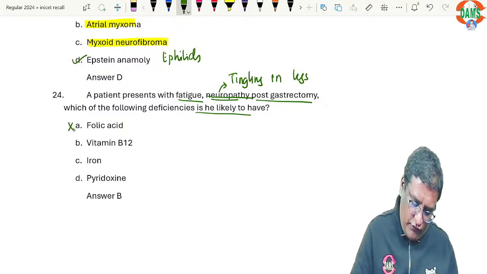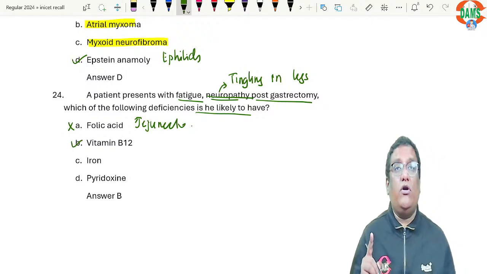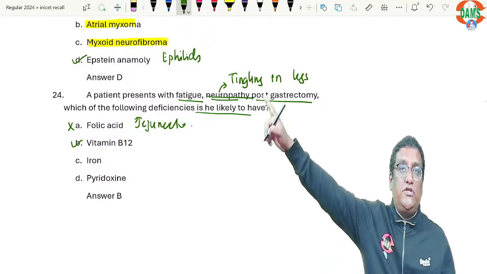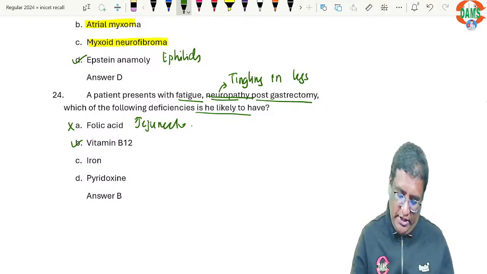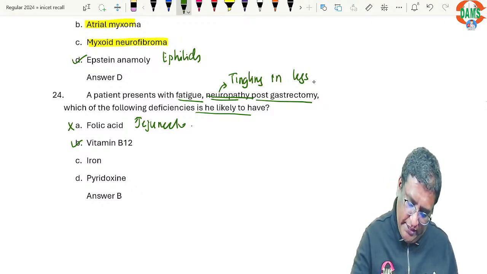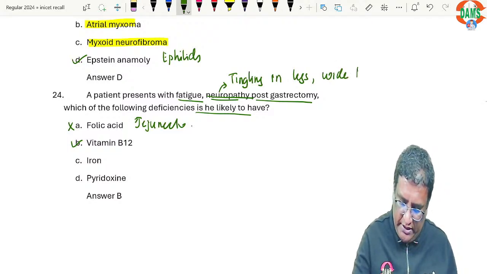Folic acid, no. Folic acid deficiency occurs after what? Jejunectomy. Vitamin B12 deficiency. Yes, that is a correct answer. Even iron deficiency can occur after gastrectomy, but because neuropathy is there, I will end up writing it as what? Vitamin B12 deficiency. Okay, they had given ataxia. Okay, tingling in the legs, wide based ataxia.